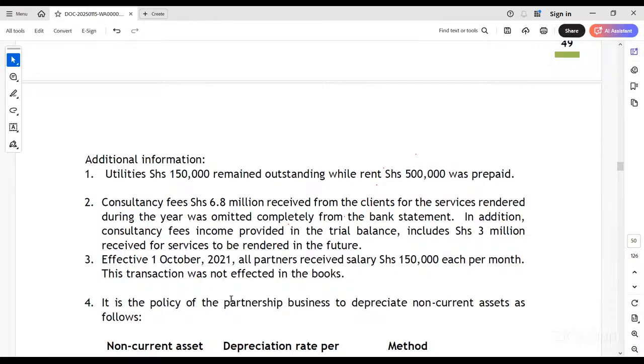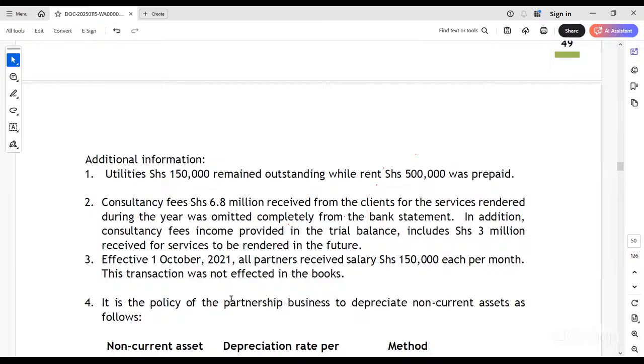In addition, consultancy fees income provided in the trial balance includes 3 million received for services to be rendered in the future.